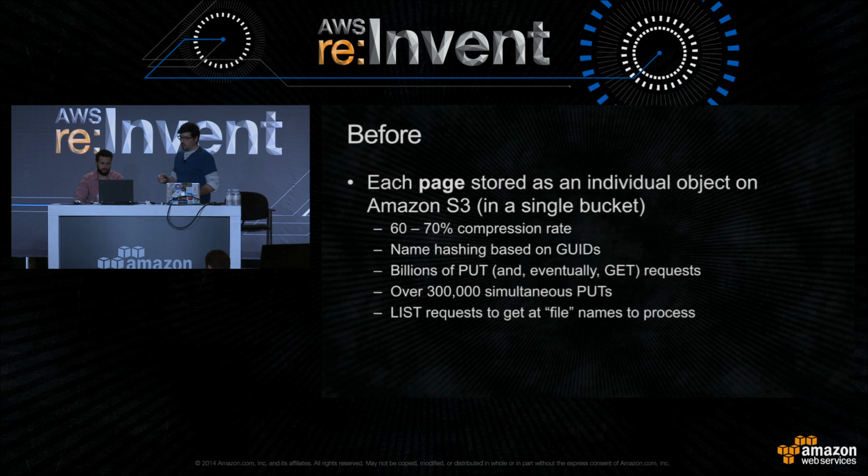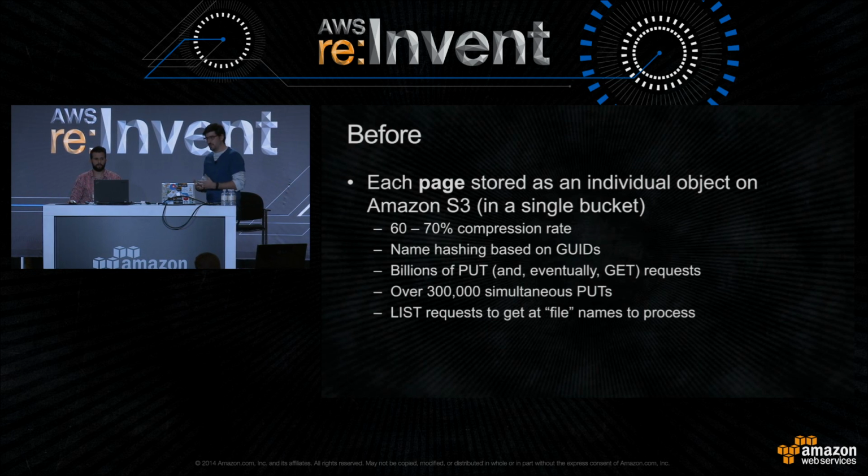When we originally started out, our idea was to store each individual HTML page as a single object on S3. And from a post-processing standpoint, that actually makes a lot of sense. Because if I have each page's individual HTML stored on S3, then I can apply EMR or any other of the services to process that data really easily.